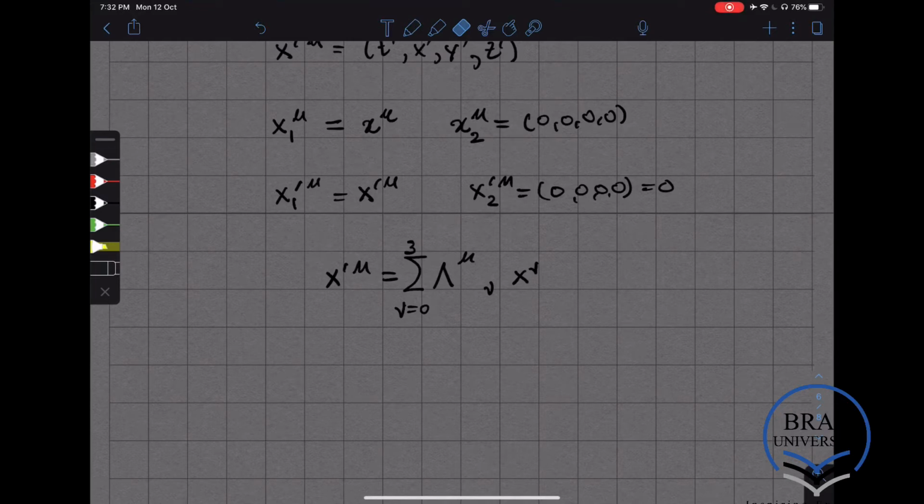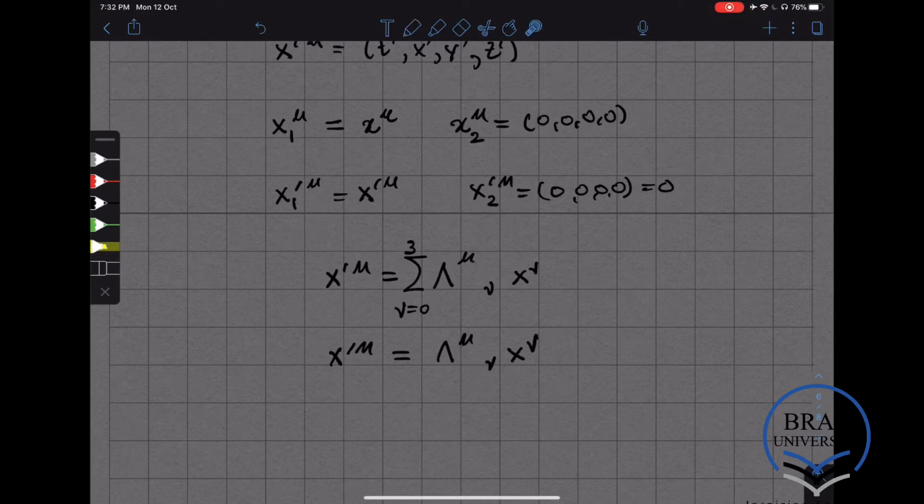However, in relativity, it's customary to use a convention in which if some index is repeated, in this case nu, then we don't explicitly write the sum. The sum is there and it's implicitly understood, but we don't write it. So this equation becomes x prime of mu equals lambda of mu nu, x of nu.